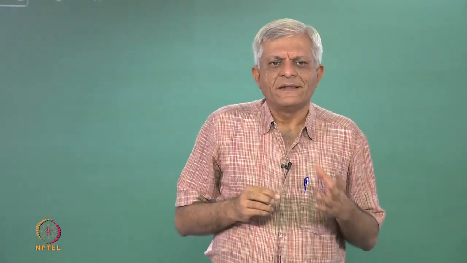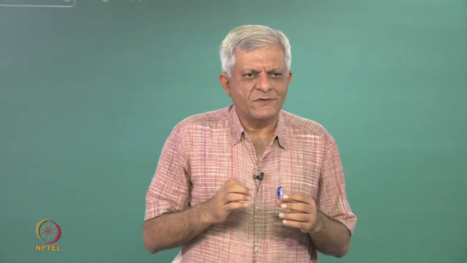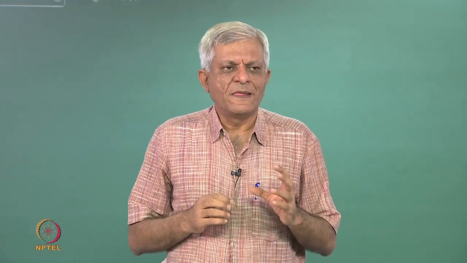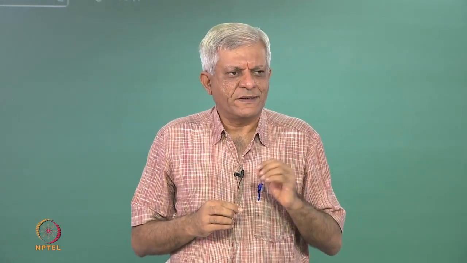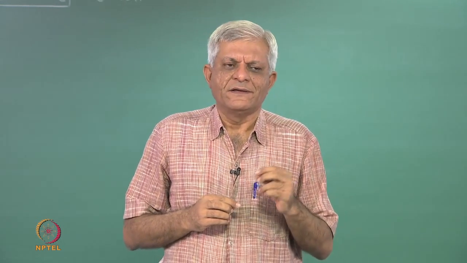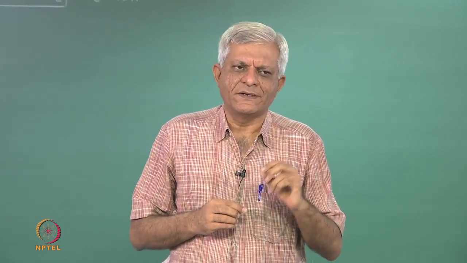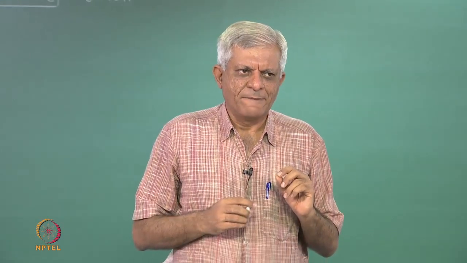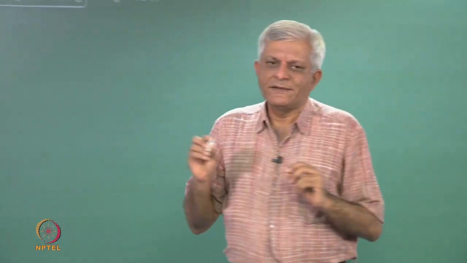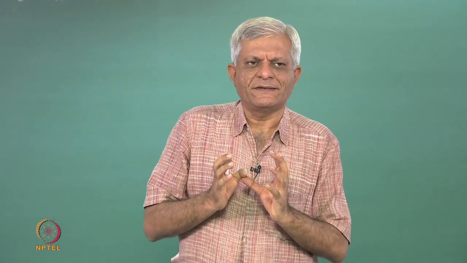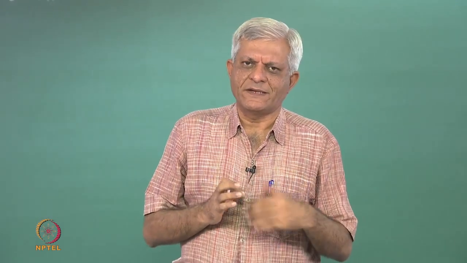Once you incorporate this notion of a move, what is a move? A move is an action which takes you from one state to a neighboring state essentially. And given any state, there is a set of neighboring states that you can move to, that is defined by the domain essentially.